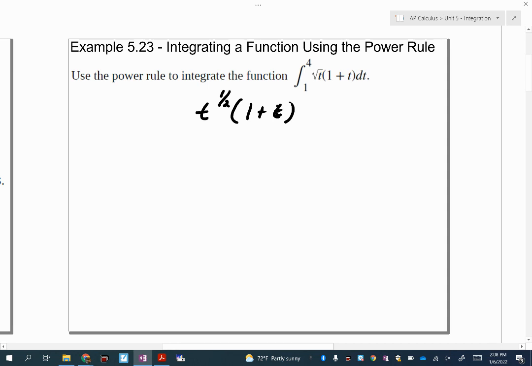You'll notice I'm not using any integral right now. I'll bring it back once I get to a place where I'm ready to actually do the antiderivative. So t to the 1/2 power times t is t to the 1/2 power plus t to the 1/2 power times t, which is t to the 3/2 power. Now I'm trying to find the integral between 1 and 4 of this function times dt.